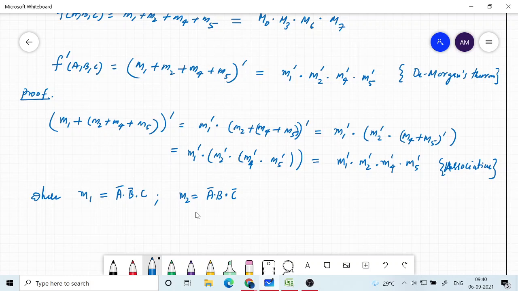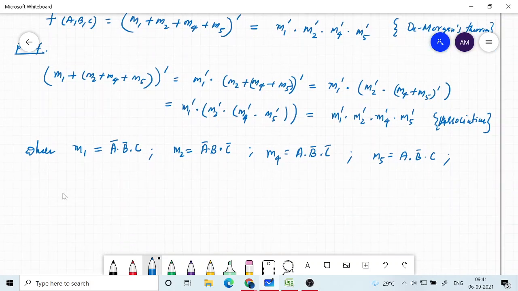So wherever 0 comes in the combination, you put bar. Whatever is directly coming, you put the direct variable. And then we have m4. m4 is A dot B bar dot C bar. Then m5, that is the last one. I have A dot B bar dot C. So these are the terms which are present.